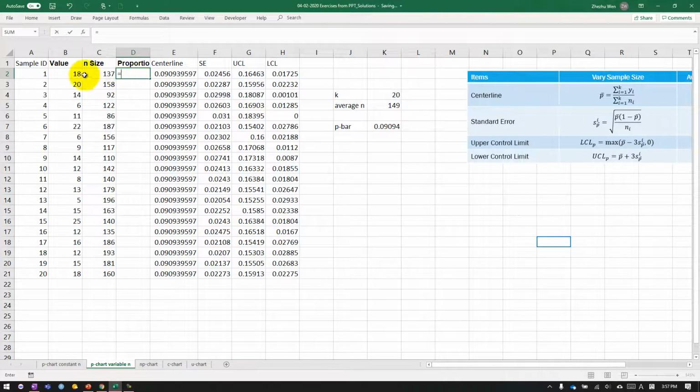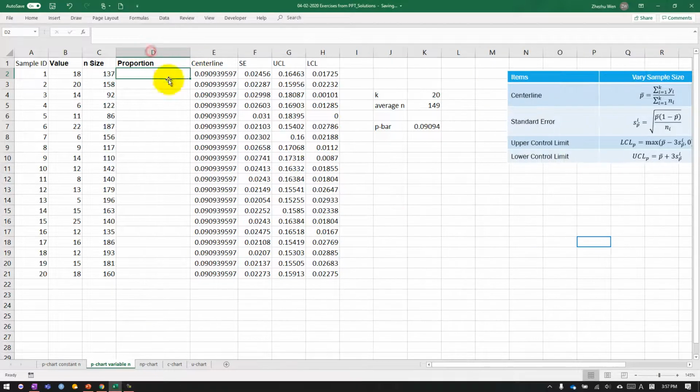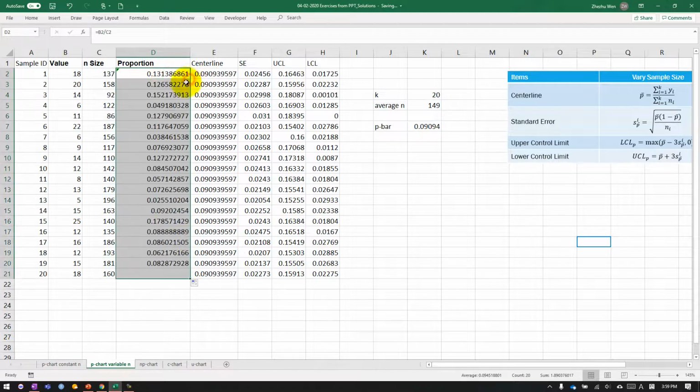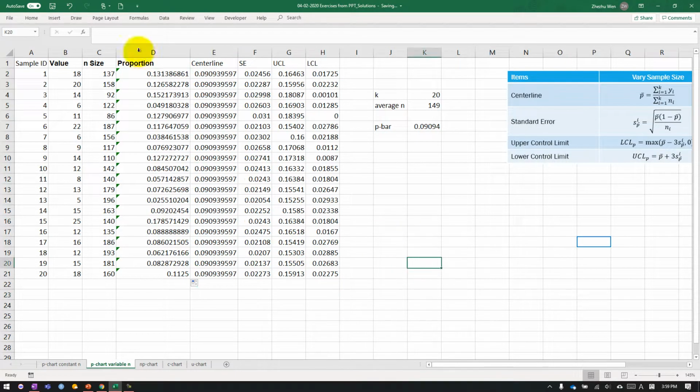Proportion is a value, must be a whole number. What's going on? So let me do it again. Divided by this. Okay, let's try it again one more time.